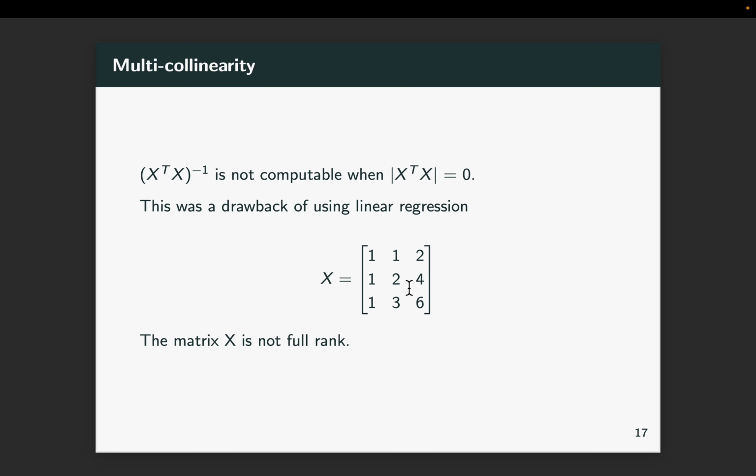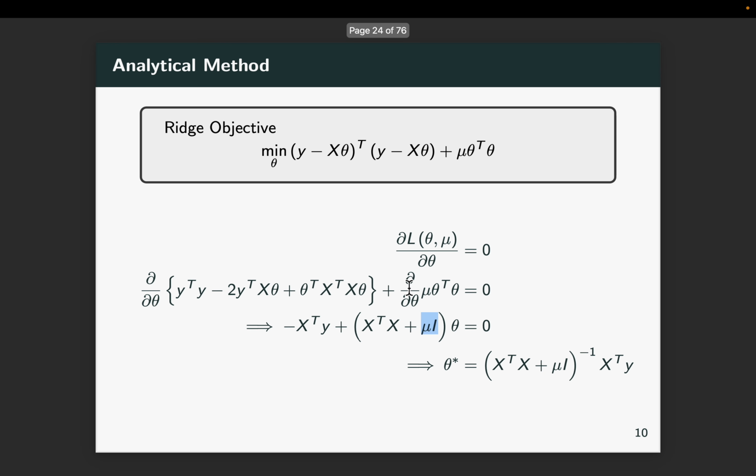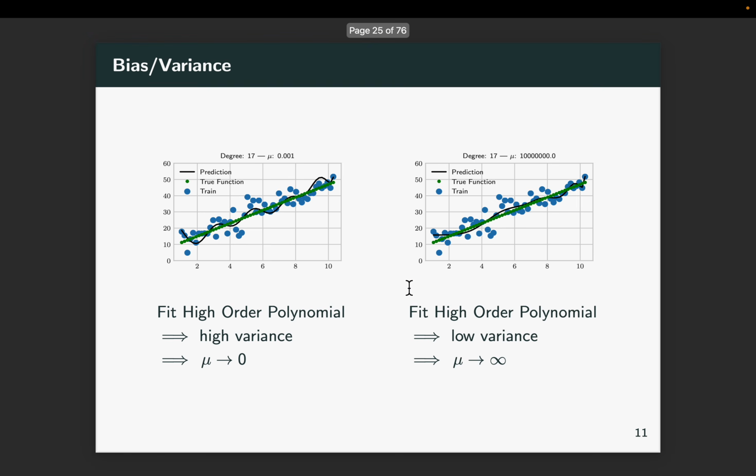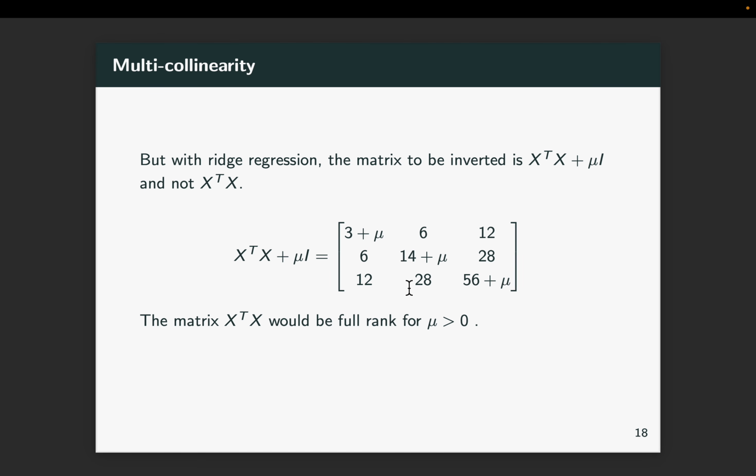normal equation method. But instead, now if we have some amount of regularization, remember the solution was x transpose x, not directly inverted, plus mu times the identity matrix. That quantity is inverted. So if we add that small quantity to x transpose x, is x transpose x now a full rank matrix? Yes. So x transpose x becomes a full rank matrix because this symmetry is now being broken.